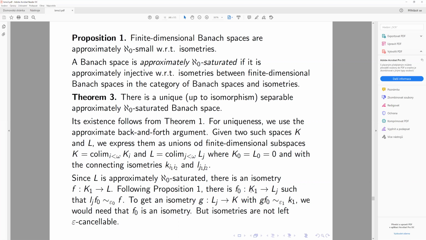So again, I can extend this bad thing to a good thing, but again finite dimensional and an isometry. And that can be extended because this is approximately injective, and I get an extension of this. So this is how to somewhat solve this problem, these epsilon isometries appearing in the construction.